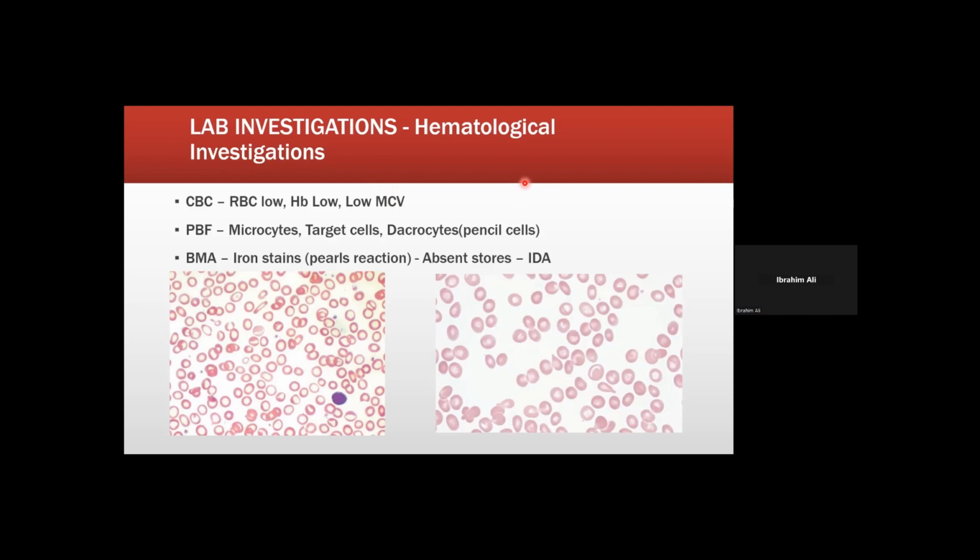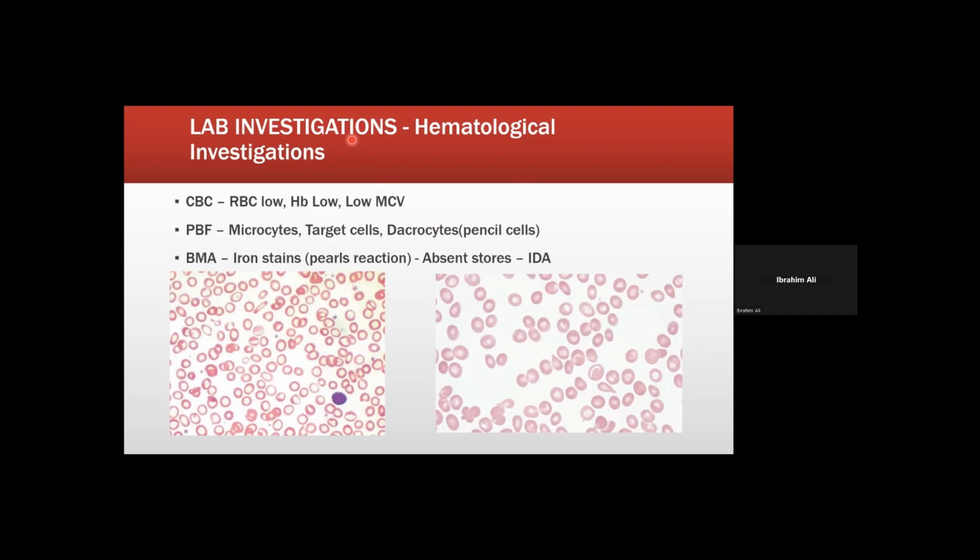So you will see that the iron when you're doing the bone marrow, you won't find it when you are using the Persian blue or the iron stain, that is, you won't see the blue color.